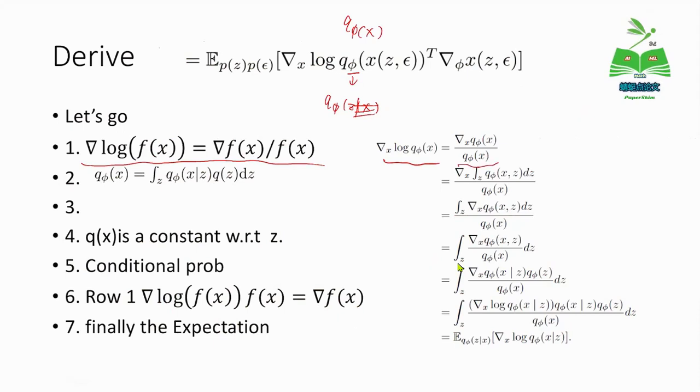And the second step, we use the definition of q phi x, the integration over z of the joint distribution of q of x and z, the gradient of the integration of dz. Third step, we change the order, but I don't know the name of this method.